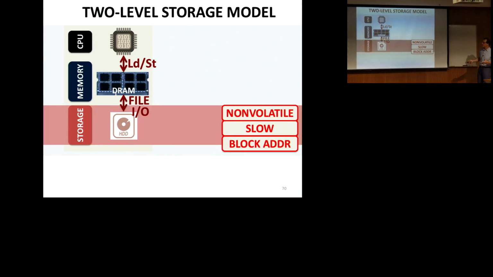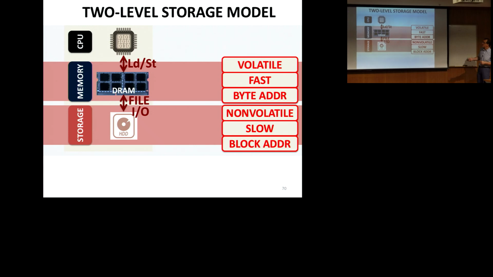And this has evolved because of technology discrepancies. Basically, this technology was extremely slow and non-volatile. This technology was much, much faster, and it was volatile. As a result, persistent data got stored over here, and it got accessed with block addresses. Yet DRAM was fast and volatile, and it was byte addressable over here.